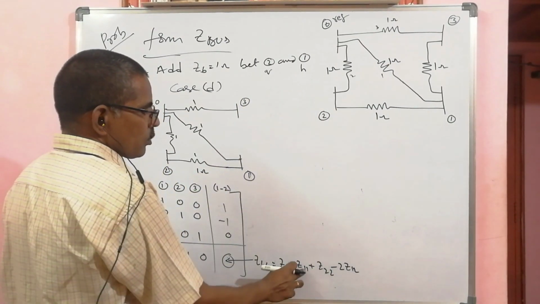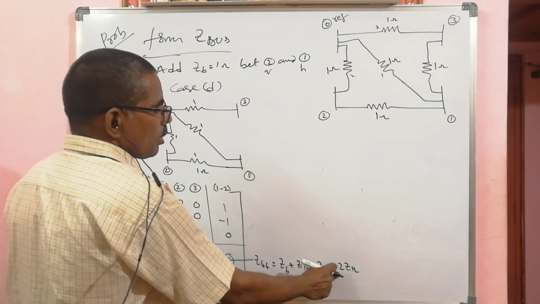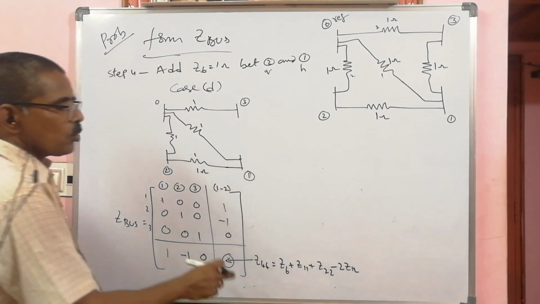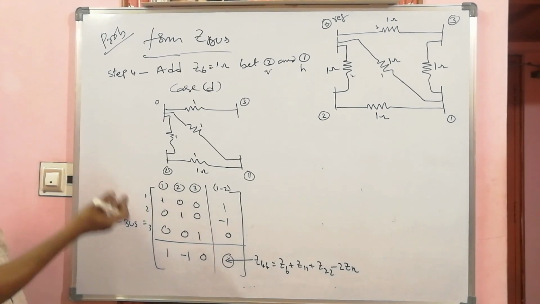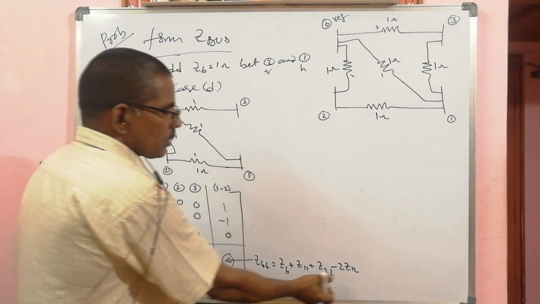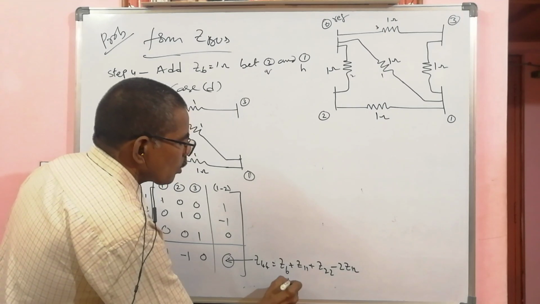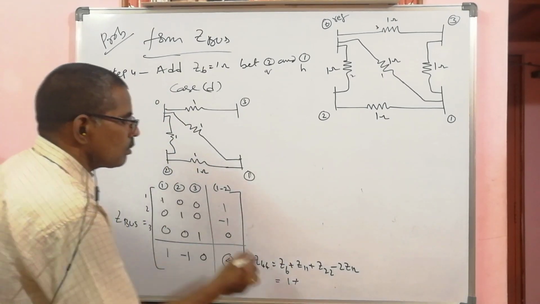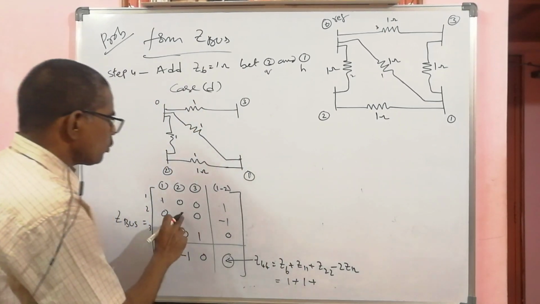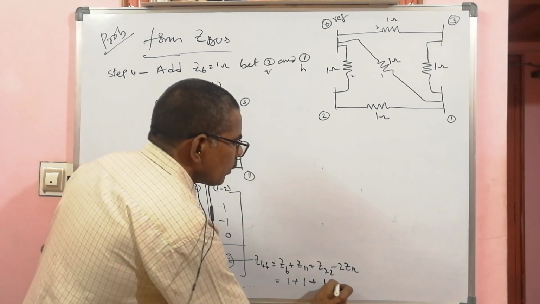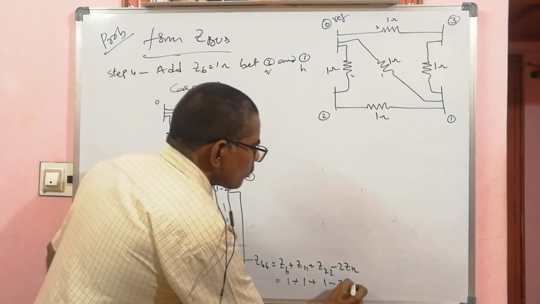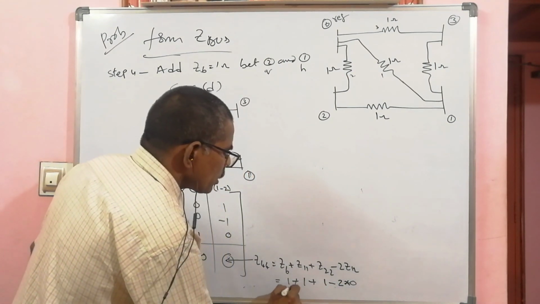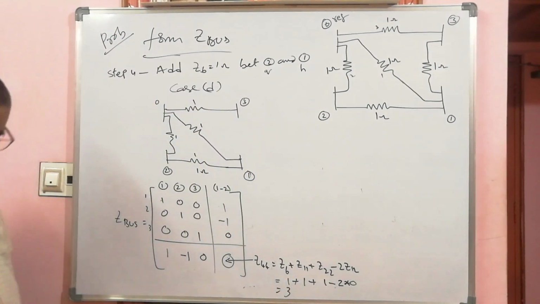H and Q. So Z11, Z22 minus 2Z12, 2ZHQ, the same formula. What is this? So what is ZB? 1 ohm. Z11 is 1, Z22 is 1, minus 2 into Z12, it is 0. So this value is 3.